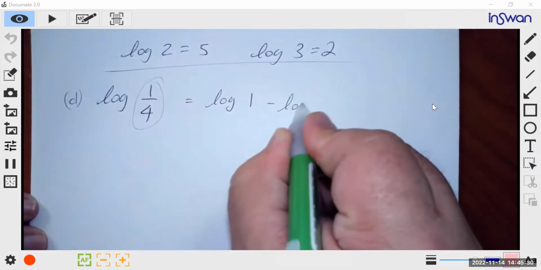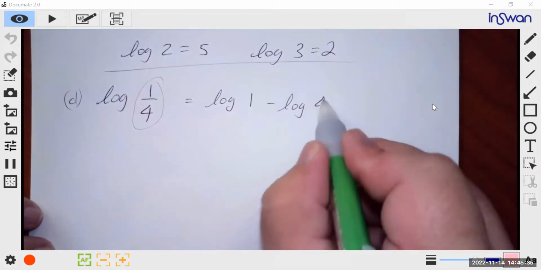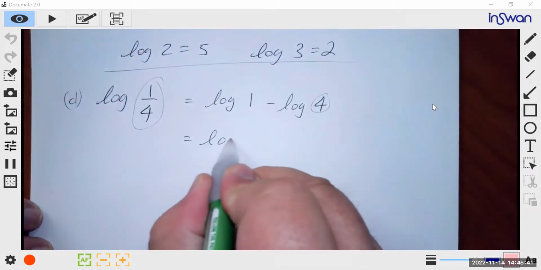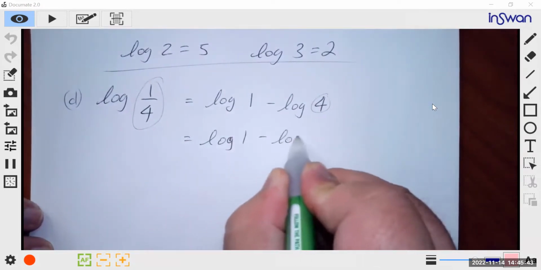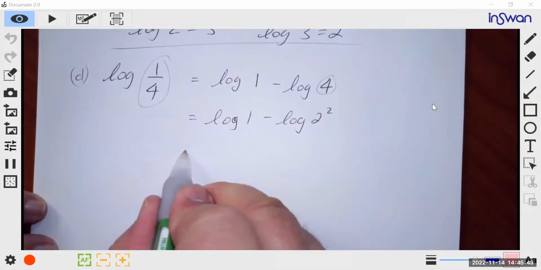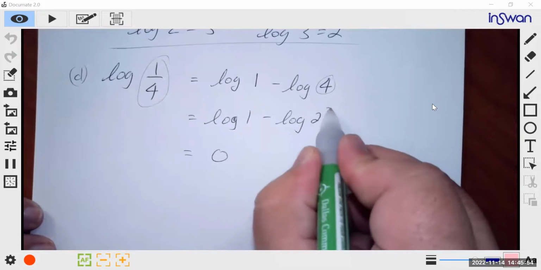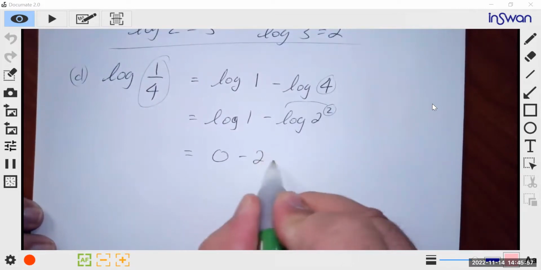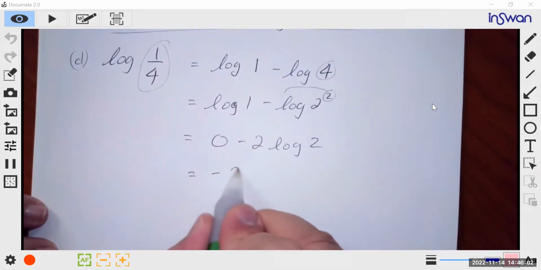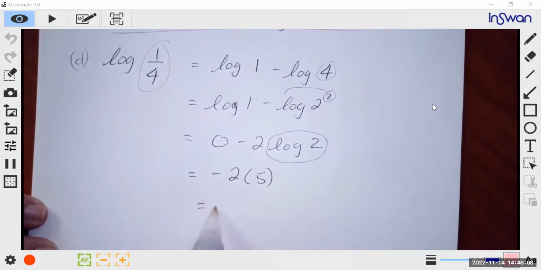Log 1 minus log of 4. 4 is made up of what? 2 times 2, which is 2 squared. What is log of 1? Very good. And this exponent comes out in front, so it's minus 2 log of 2. What is log of 2? So the answer is negative 10.